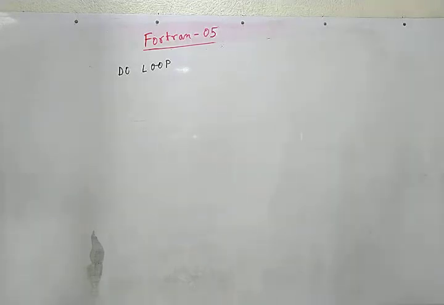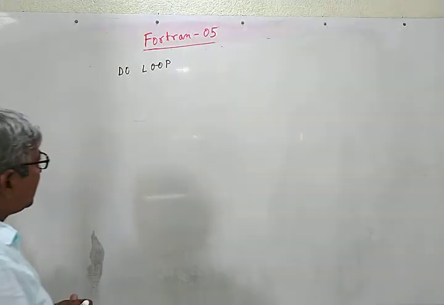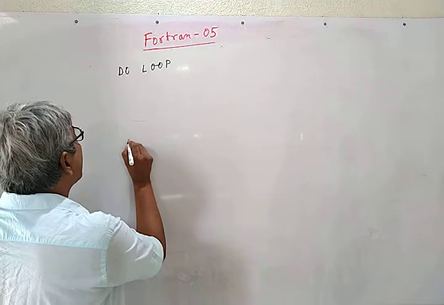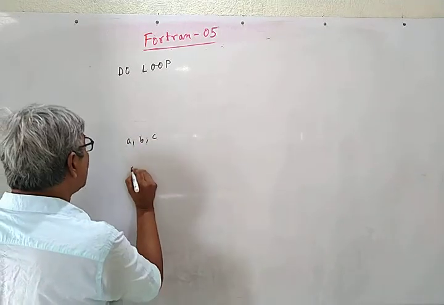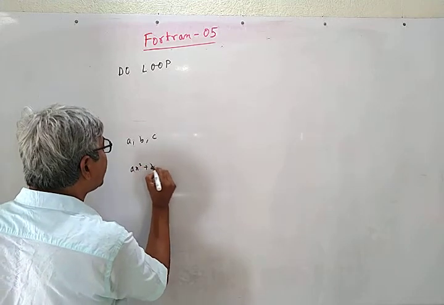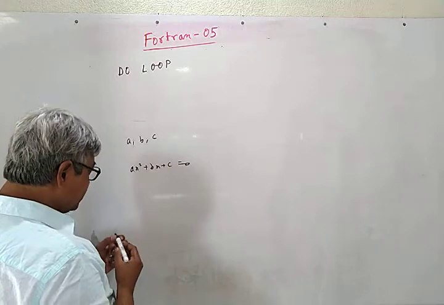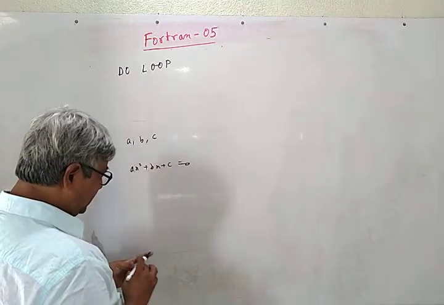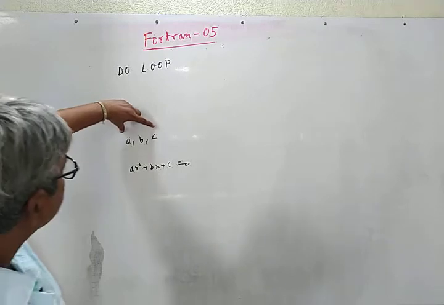Say for example, each person of West Bengal is asked to provide three numbers a, b, c, which stand for the coefficients of a quadratic equation like this: ax squared plus bx plus c, and we need to calculate the value of the roots for each of these triplets of numbers.